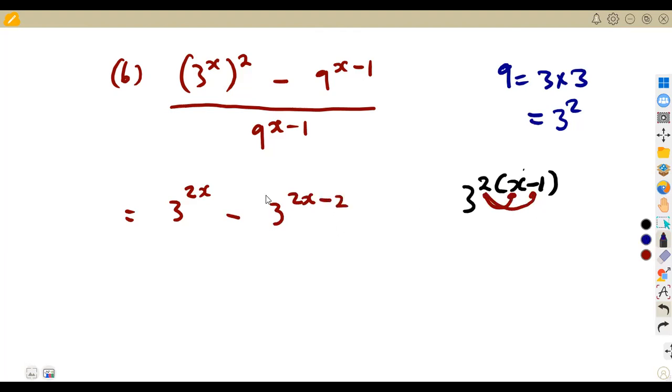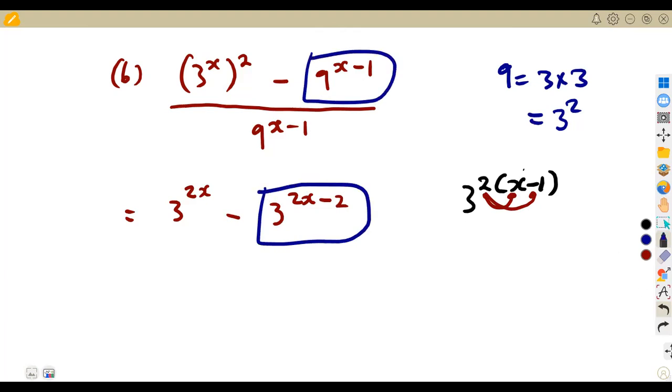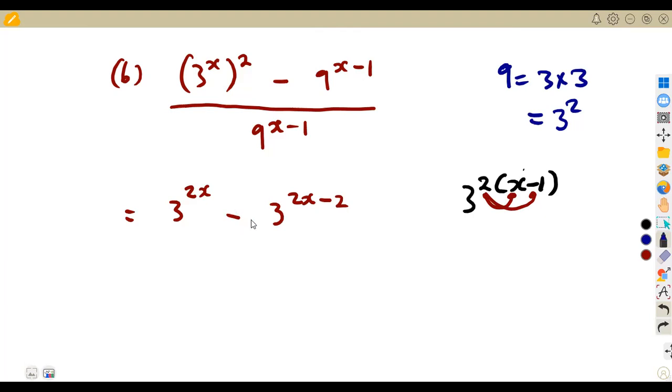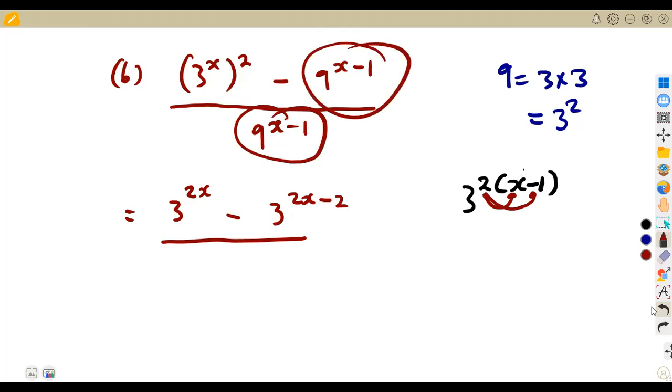So this part here and this part here are the same. We just rewrote in base 3, in simplest form. So it's a repetition again, because it's the same thing that I had here on top.